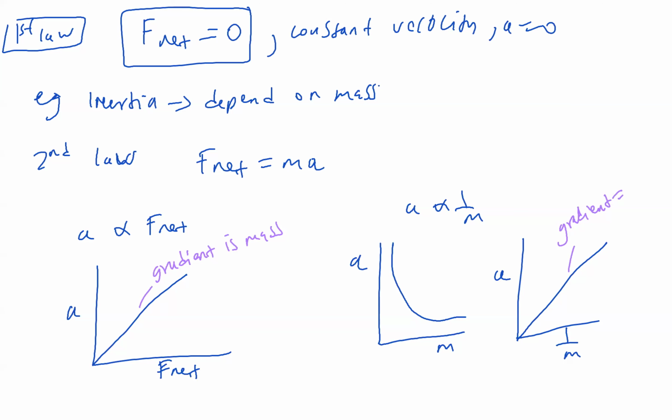Inversely proportional. So what happens is that as the mass of an object increases, it's not easy for that object to move fast. Like Chibumba, a fat guy, and slender, you know slender.